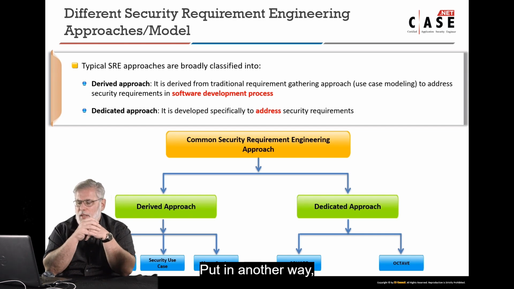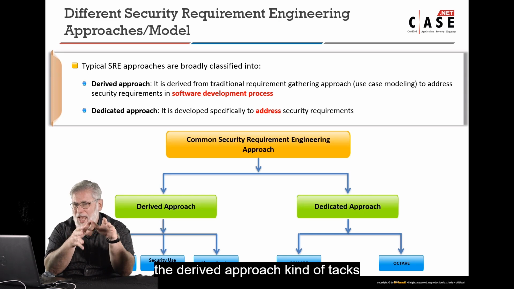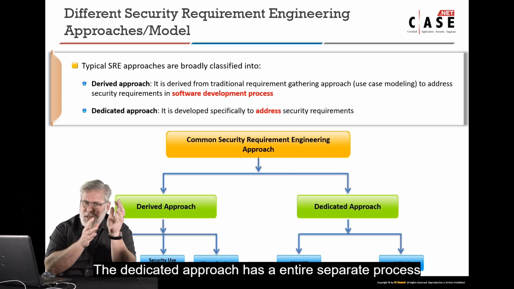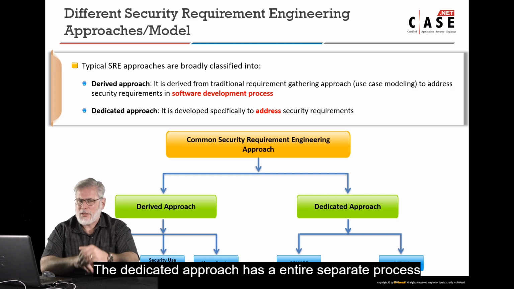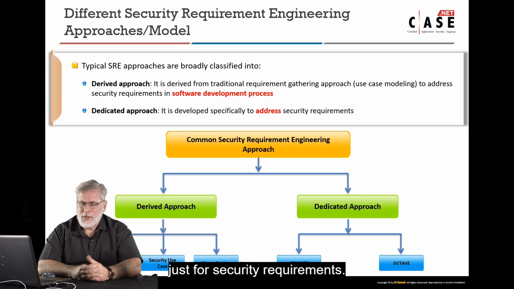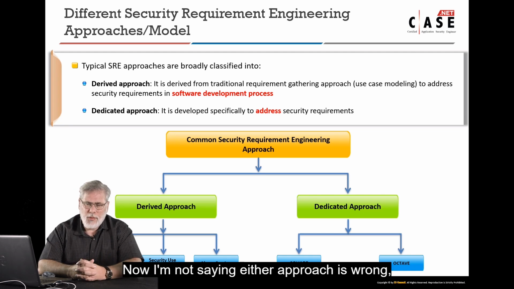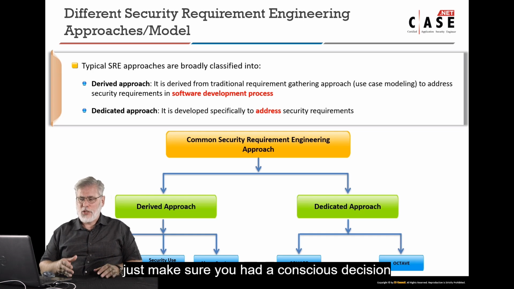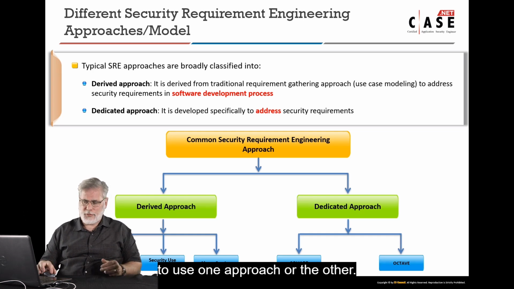Put another way, the derived approach kind of tacks security requirements onto functional requirements. The dedicated approach has an entire separate process just for security requirements. Now, I'm not saying either approach is wrong, just make sure you had a conscious decision to use one approach or the other.